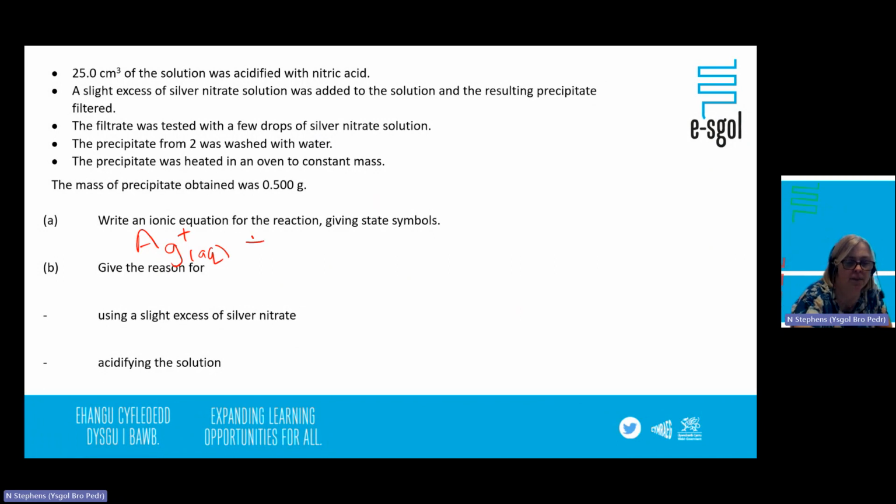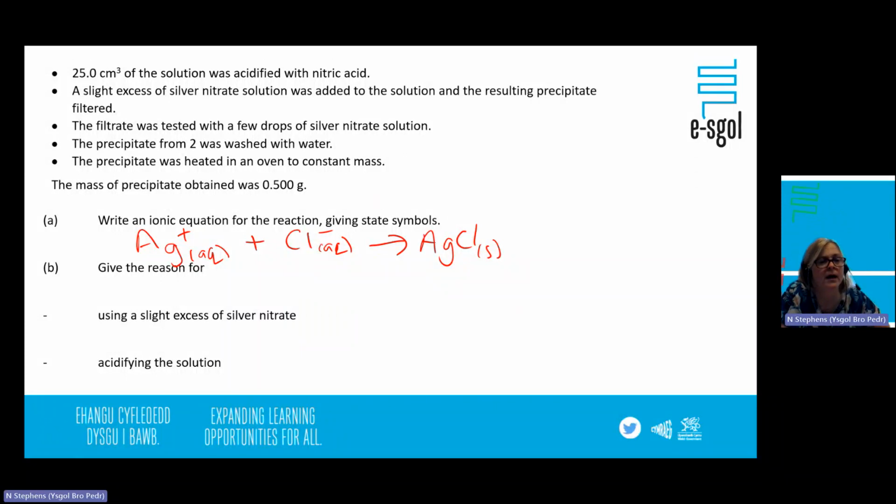Okay, it will combine with chloride, which is again initially an aqueous solution, not precipitated out, but when mixed, they will create the precipitate, PPT, okay, of AgCl.